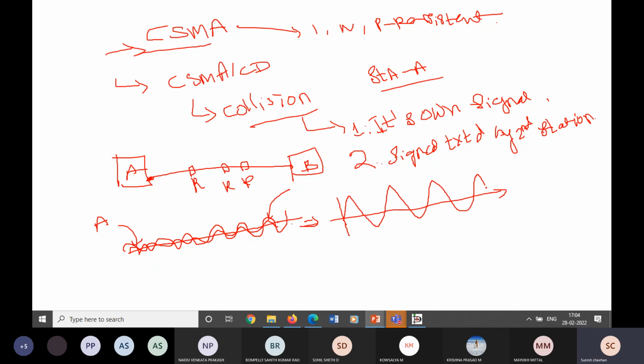So something like this, the energy signal will be there. So it's very easy to detect in the wired network. We can easily estimate the energy which is available in the link, the carrier or the medium.